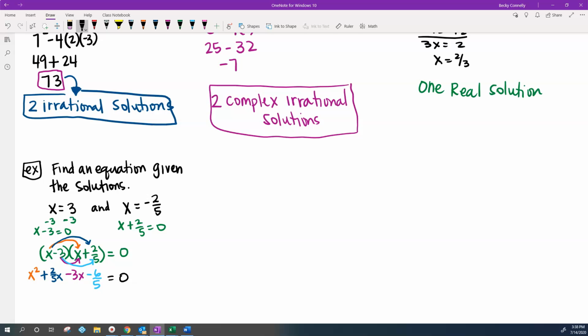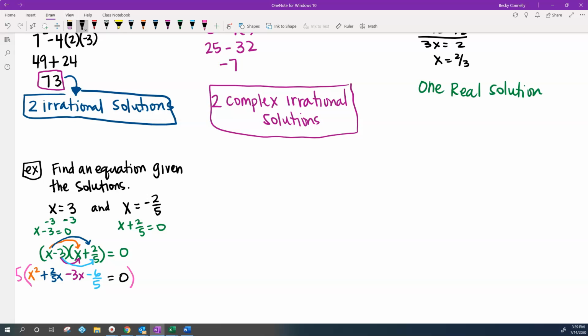So the next thing that you're going to want to do is clear these fractions by multiplying by the LCD, like we've talked about. And we can see our denominator on this is just 5, right? Some of them have 1s on the bottom, some have 5s on the bottom. So let's multiply the whole thing by 5.